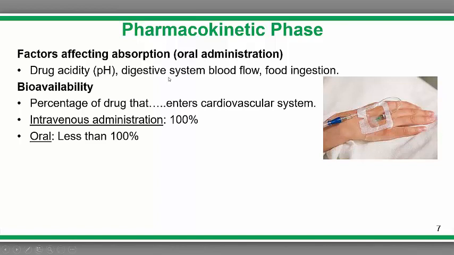The blood flow to the digestive system will also influence how much of that drug is absorbed from the digestive into the cardiovascular system, as well as the ingestion of food. In some cases, food can assist with absorption of the drug. In other cases, food can interfere with absorption of the drug.